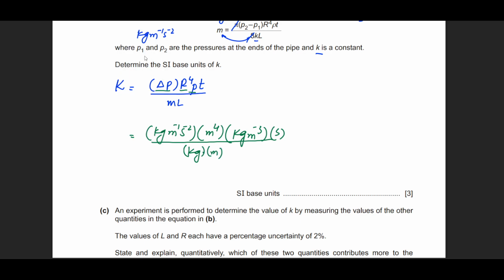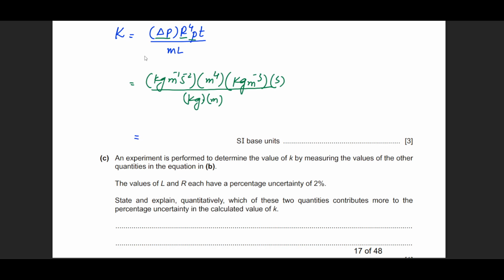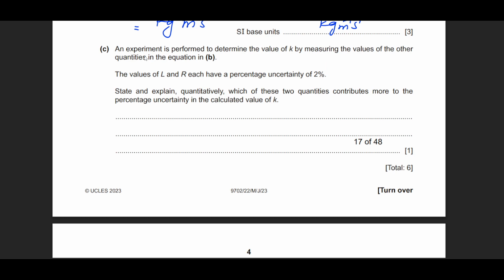Okay, so once you are done cancelling these factors out, you will realize that what you're left with is kg m^-1 s^-1. So be careful about the cancelling. This will be the answer. You can pause the video and try it on your own.